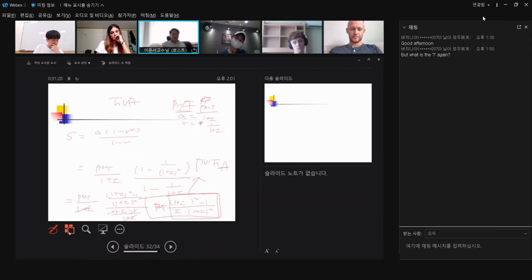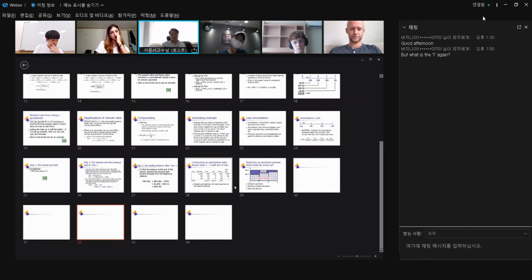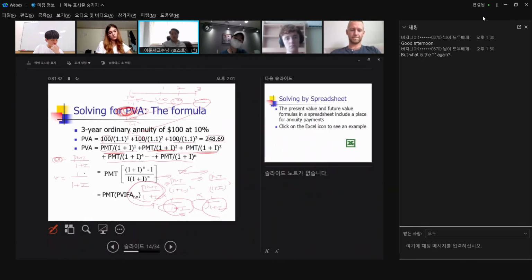So I'm deriving this equation. I have derived this equation. So this one is called the present value interest factor of annuity, right?